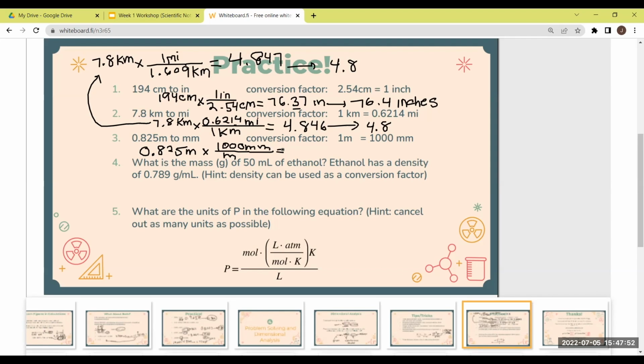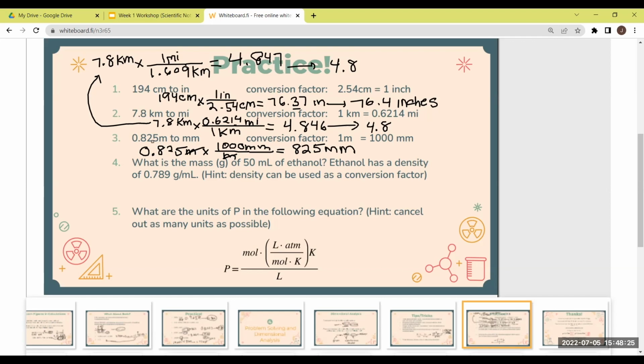And then if we multiply this, or if you want to put it into a calculator, we will get an answer of 825 millimeters, because the units will cancel out from the meters and the conversion factor, giving us only the millimeters as our final units.